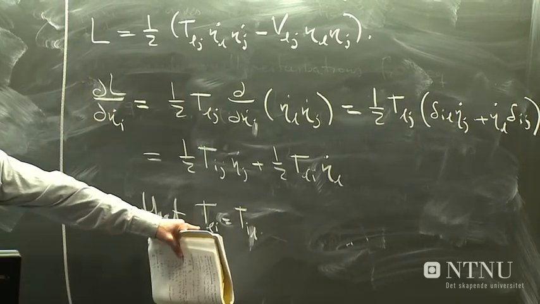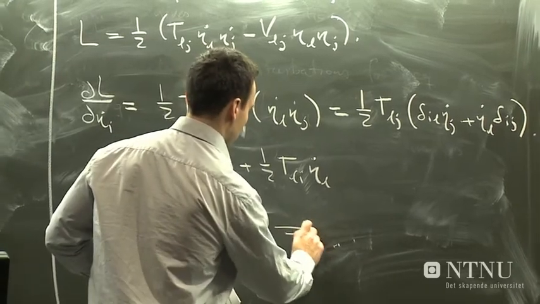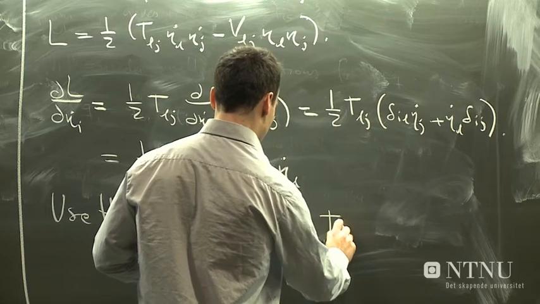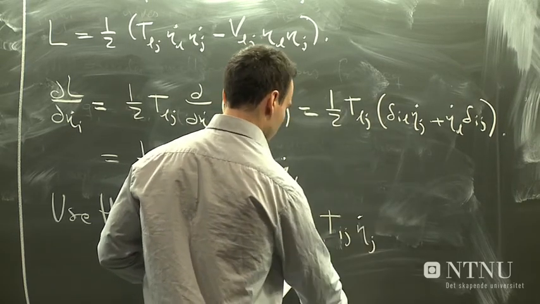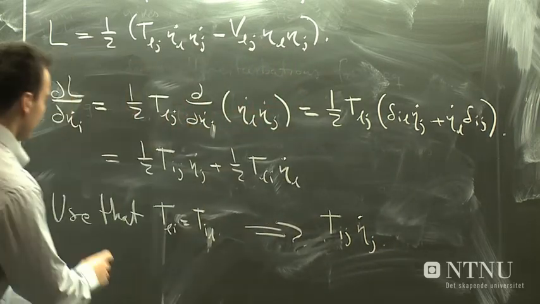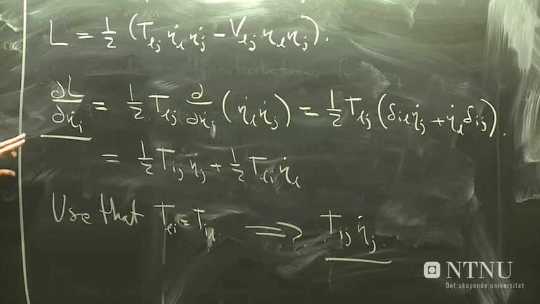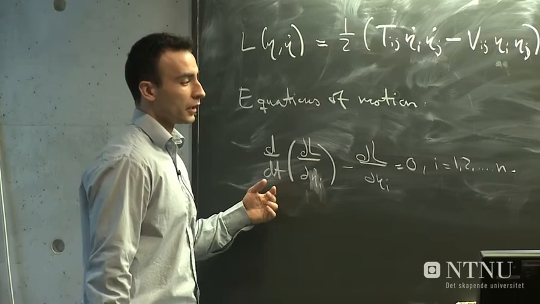So we make use of the symmetry in this expression here and find this. So this is the first term, which we should put into here for the Lagrange equation.